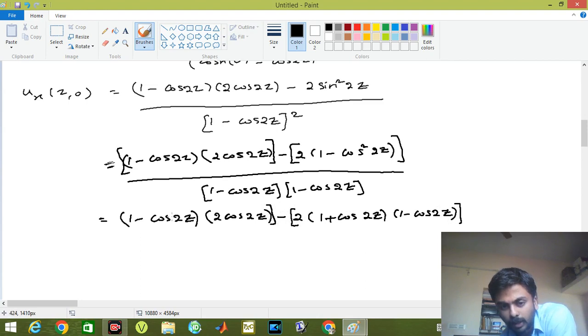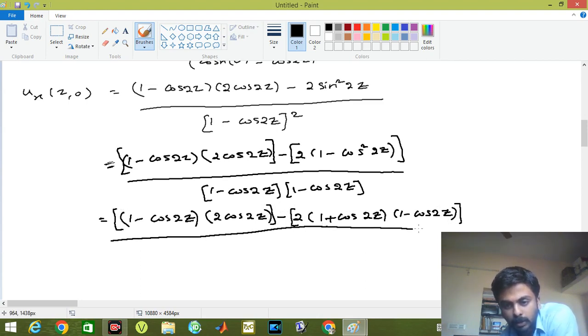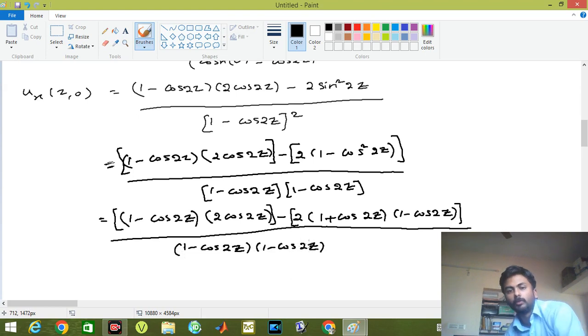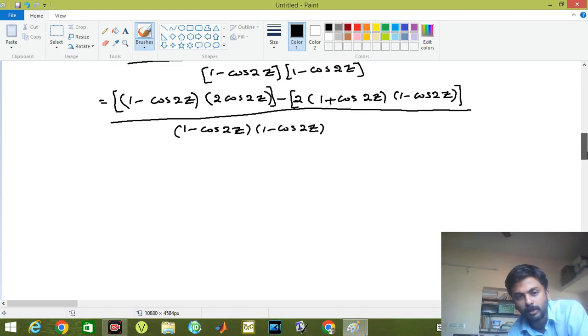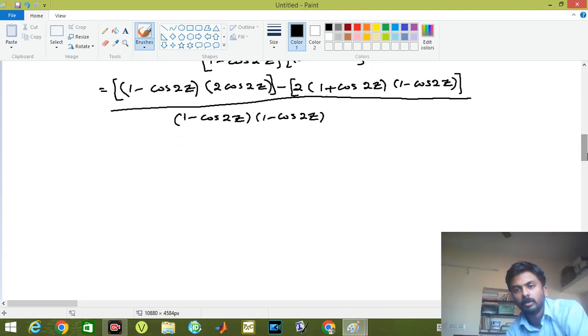So we will have the complete term divided by (1 minus cos 2z) into (1 minus cos 2z). So we will get 1 minus cos 2z as common.